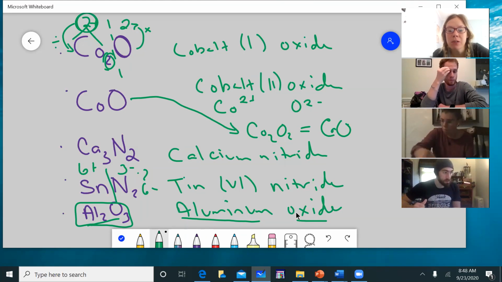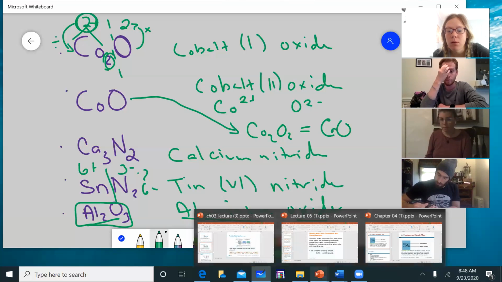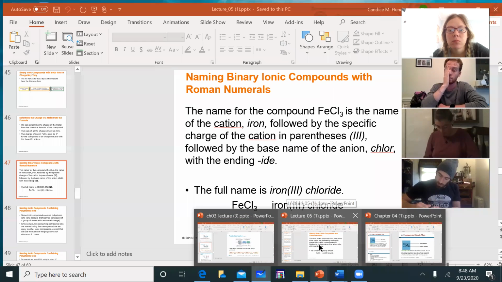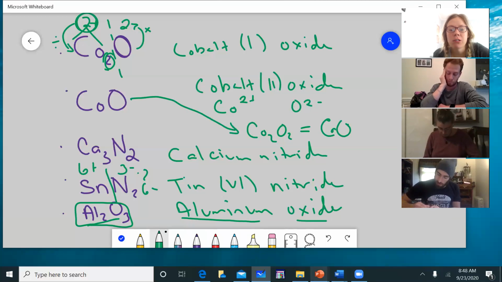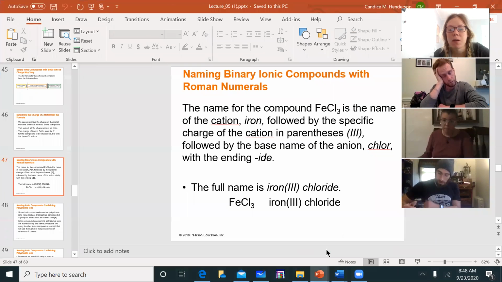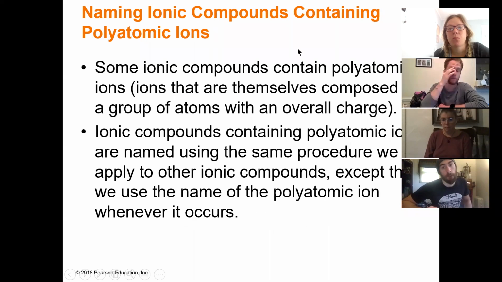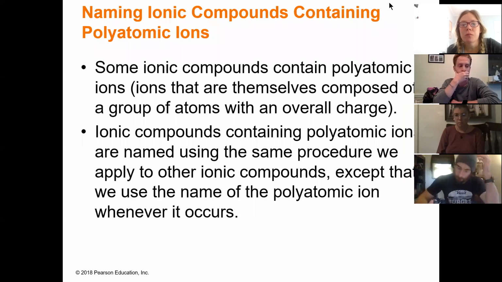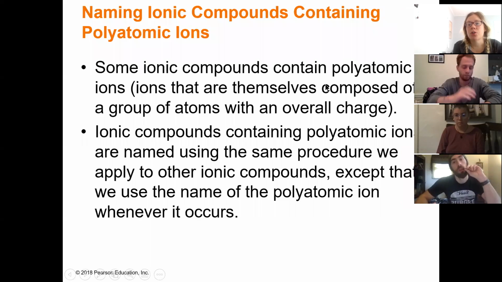So to throw more in the mix, what if there's a polyatomic ion? How do I name that? That's actually easier. Right. So some of them contain polyatomic ions, which are those groups of charged particles.